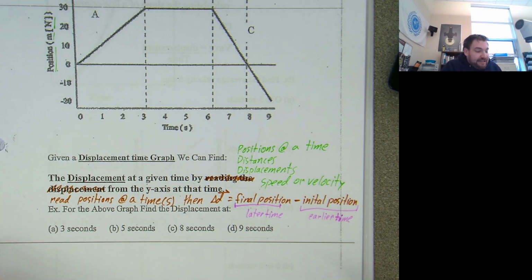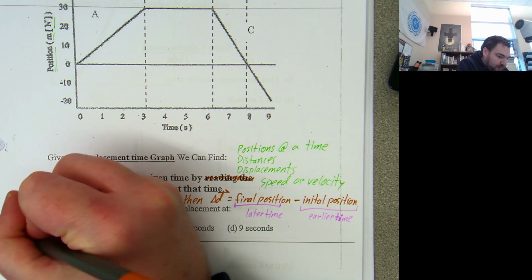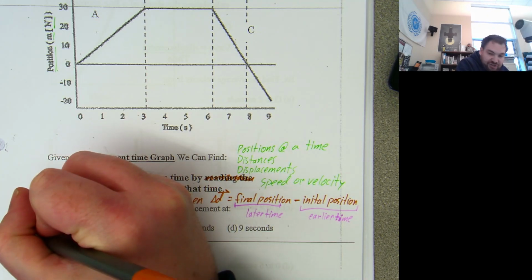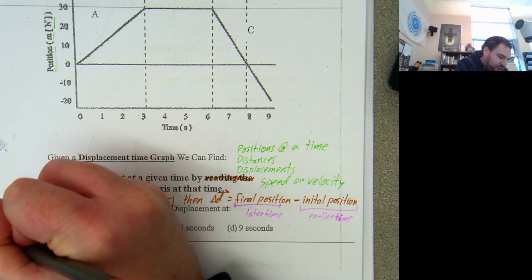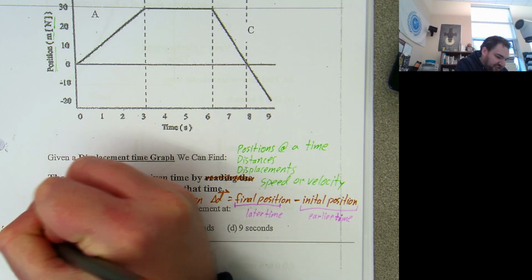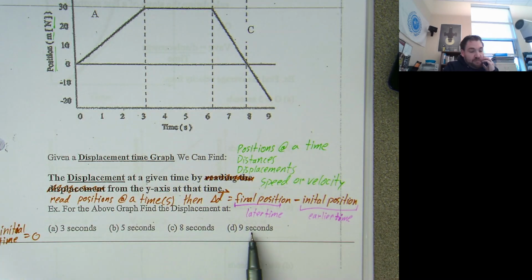So for each one of these, let's assume that initial time equals 0 for each one of these.